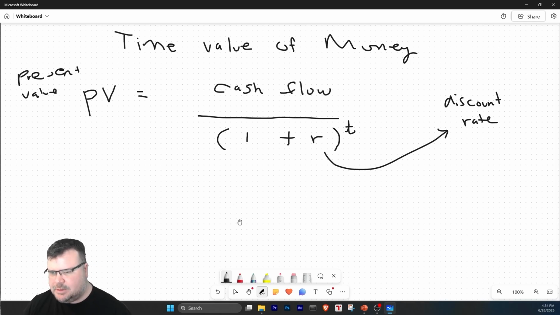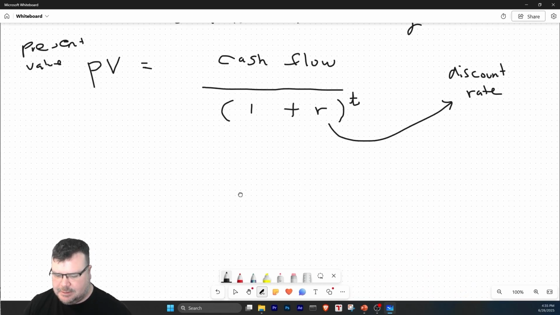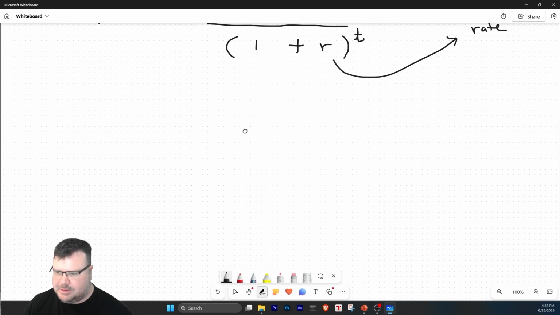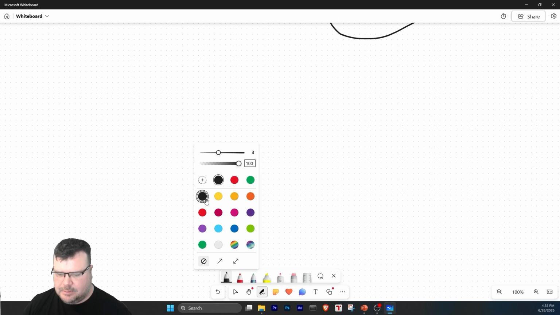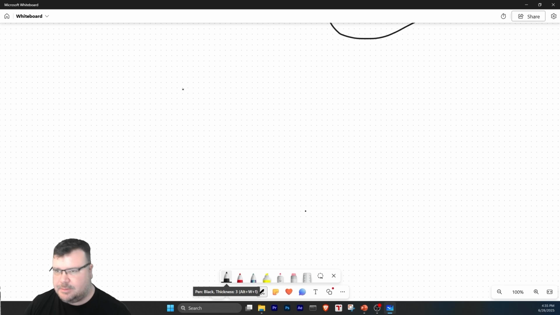Okay, so this probably doesn't mean too much for you yet. So let me set up a scenario here. What this is going to look like is we are going to be purchasing a building to rent, and I'm going to use just very simple numbers.